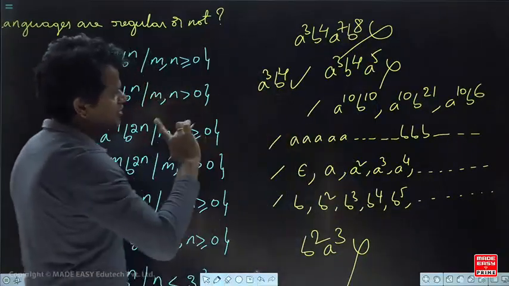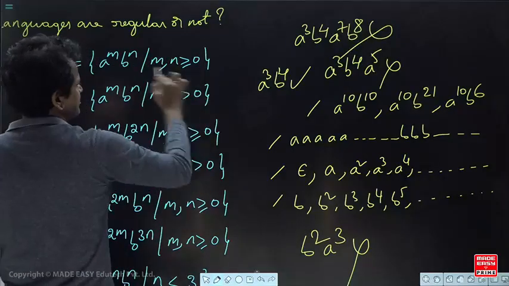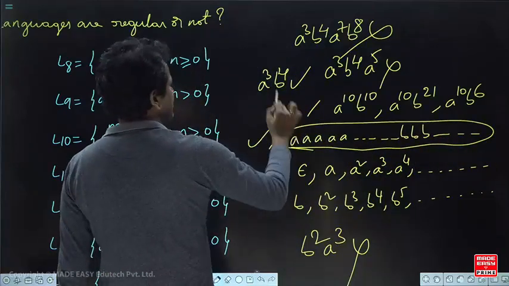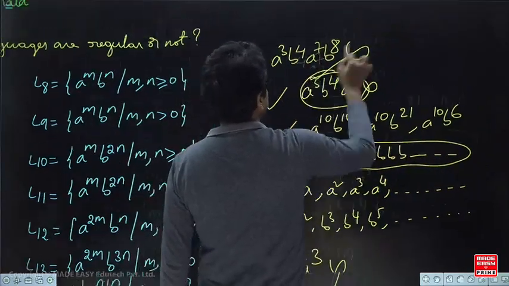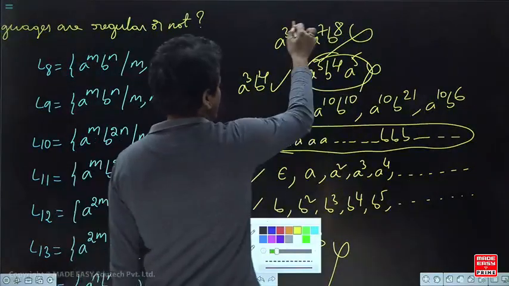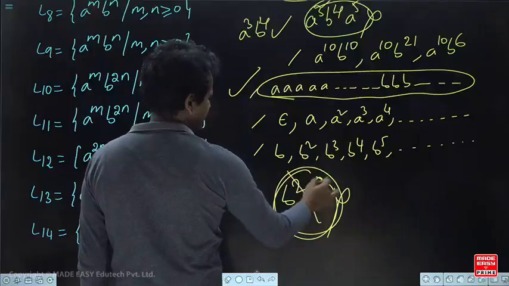It is not any combination of a and b. Only a's, okay. Only b's, okay. Any number of a's followed by any number of b's is also okay. But not again a's, again b's, or b's followed by a's. These are invalid.